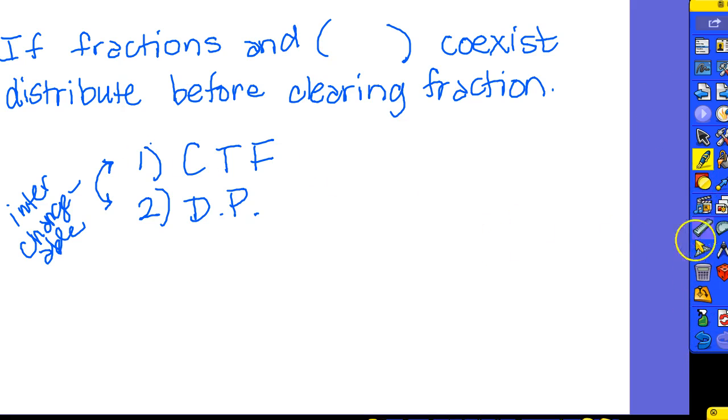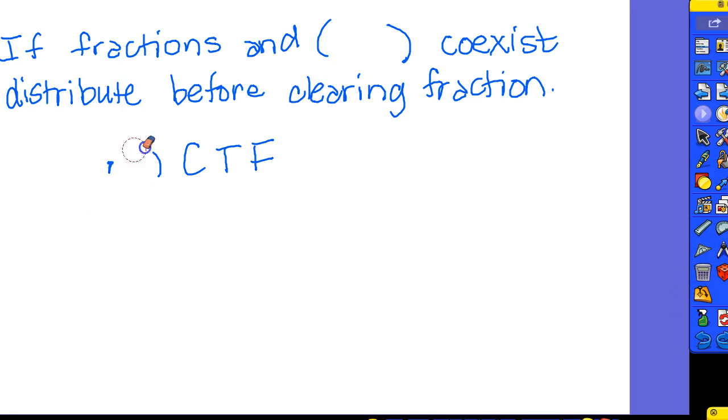My advice, if you're not real familiar with solving equations that are just loaded up with fractions, is this: if fractions and parentheses coexist, it's better to distribute before clearing the fraction while you're mastering this type of equation. Okay?